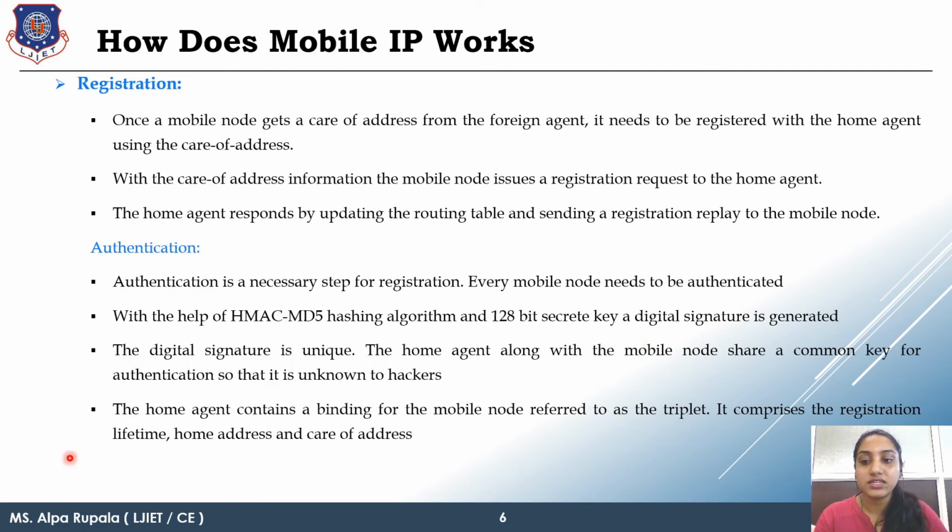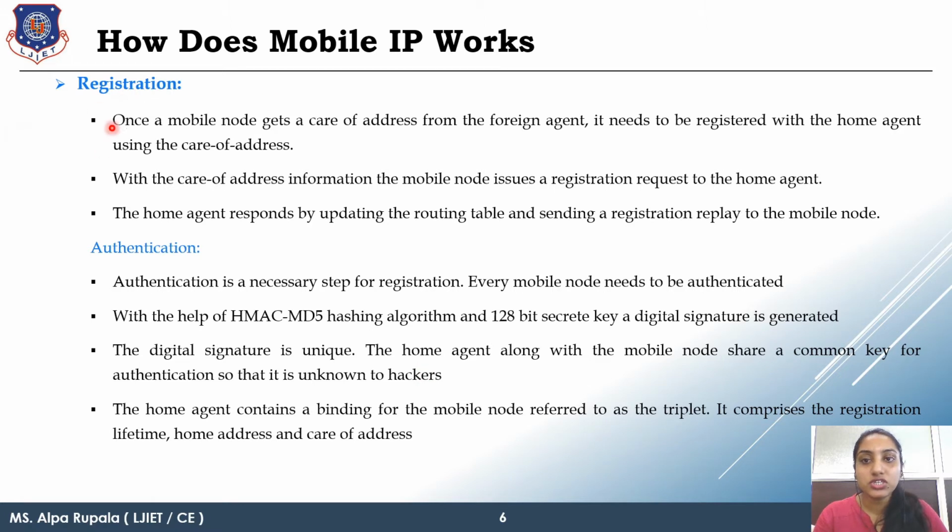It comprises the registration lifetime, at what amount of lifetime it wants to be registered in the foreign network, then the home address and care of address, and with all this, the digital signature, to provide security so that our data cannot be hacked.